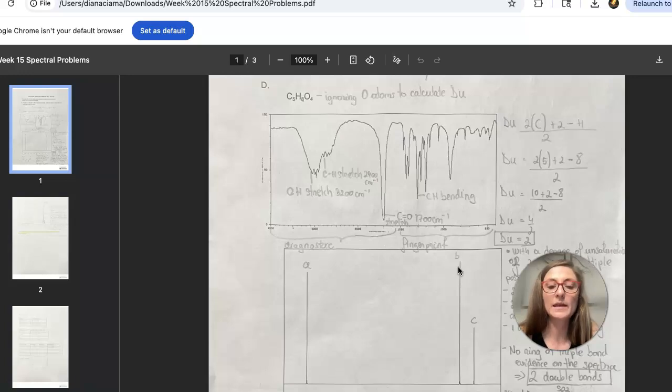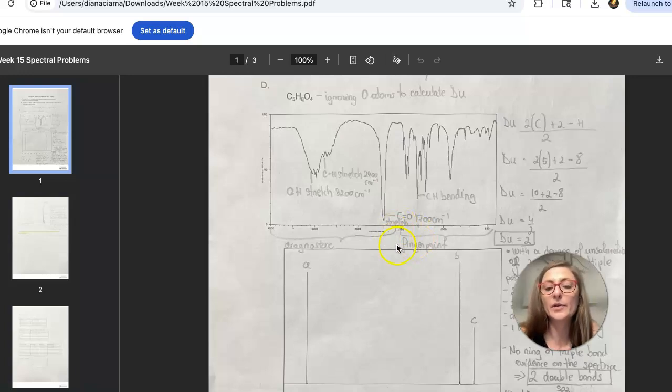I'm seeing right away a very prominent OH stretch at 3200 cm⁻¹, followed by a CH stretch at 2900 cm⁻¹, and another diagnostic feature for this molecule is the C=O stretch, which I'm noticing at 1700 cm⁻¹.